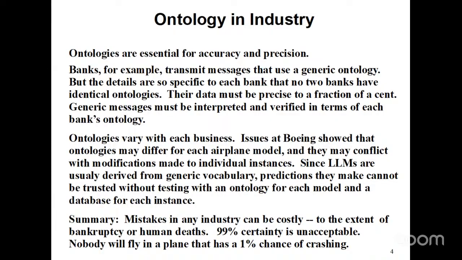And with each business, you have different problems and different issues. And the problem is that mistakes can be costly. They can cause bankruptcy of your company or deaths to humans. And 99% certainty is unacceptable. Nobody's going to fly in an airplane that crashes 1 out of 100 times. It's just not possible, not desirable, certainly, and it's not acceptable.